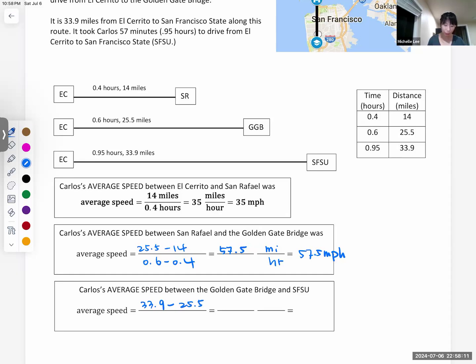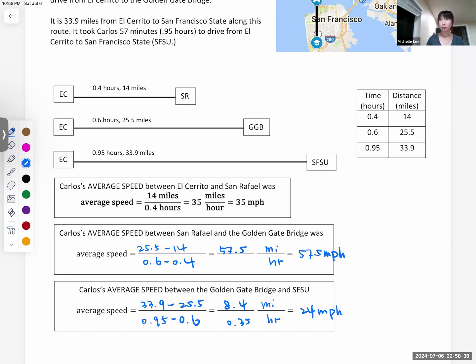And the time is 0.95 minus 0.6. If we calculate the numerator, we get 8.4. The denominator, 0.35. It's miles per hour. So if we calculate, this is 24 miles per hour. Okay.